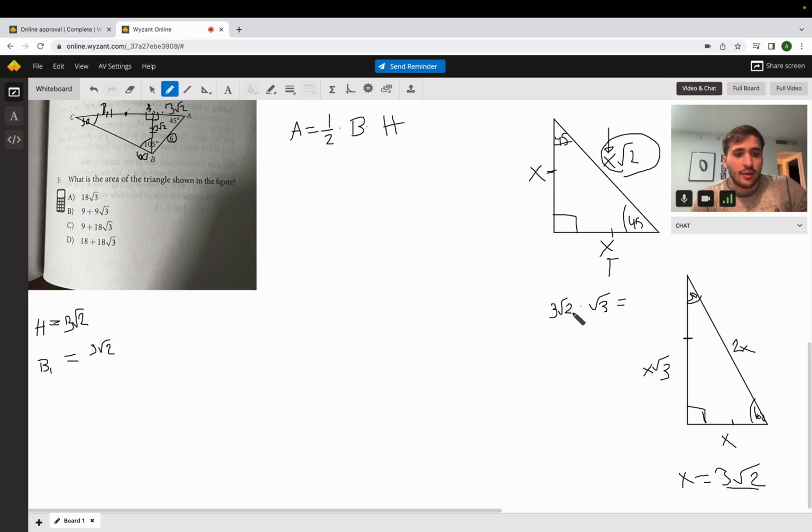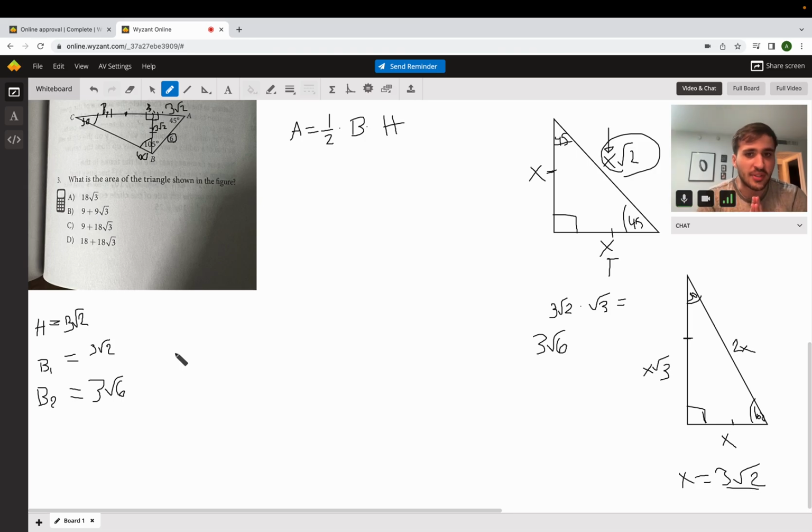So radical 2 times radical 3 is radical 6. So now we have 3 radical 6. So we know that base 2 of the 30, 60, 90 is going to be equal to 3 radical 6.